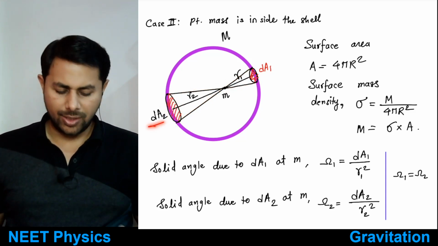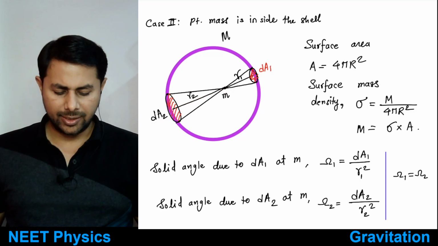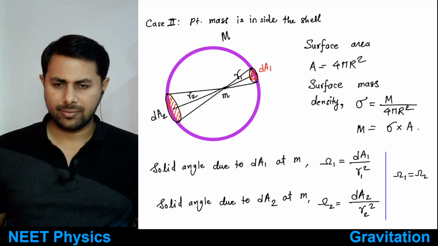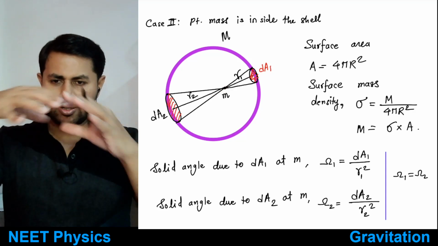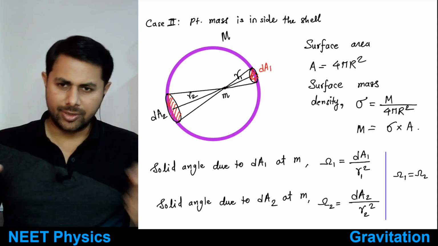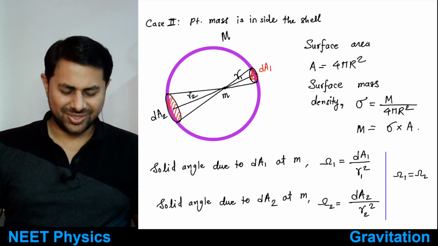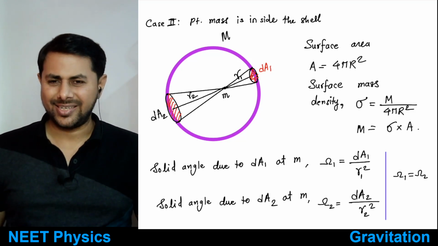So there would be some gravitational force due to this dA2 also on mass m, right? And you can notice that we have not considered m at the center. Because if you consider it at the center, then it gets attracted from this side with some force and also from this side, with the same distance, so the forces would be equal and opposite and get cancelled out.